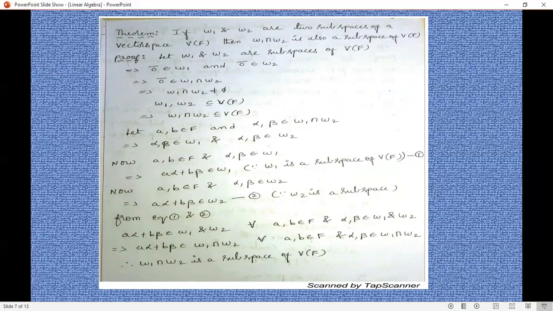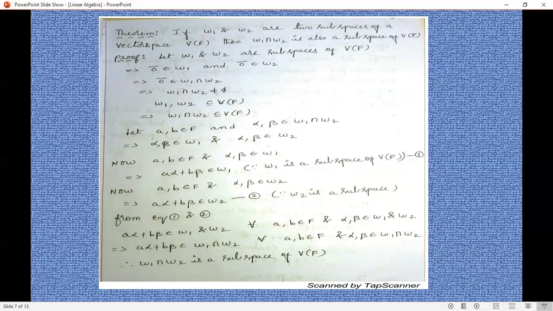Now coming to the proof, what are the things given in the statement? Let W1 and W2 be subspaces of V of F. That means W1 and W2 are non-empty. So we are taking 0 bar belongs to W1 and 0 bar belongs to W2.